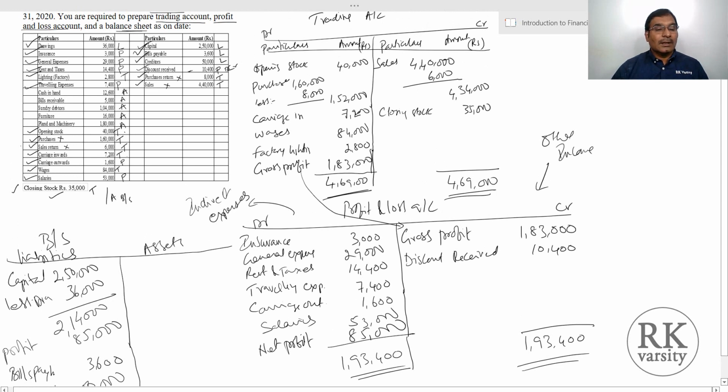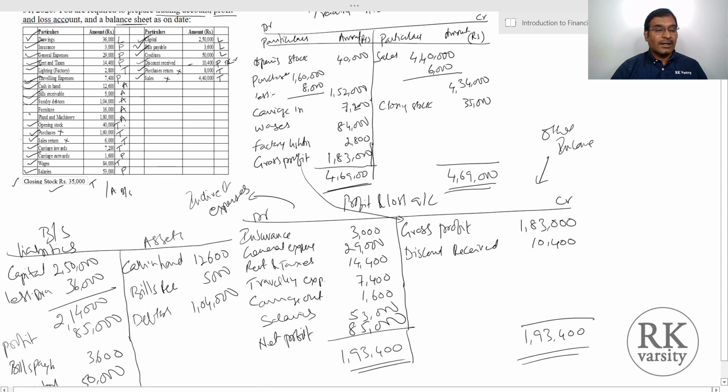Now coming to the assets side. So we go in an order. So we'll have assets here. So cash in hand 12,600. Then bills receivable 5,000. Then debtors 1,04,000.